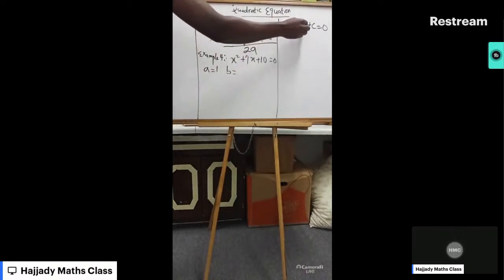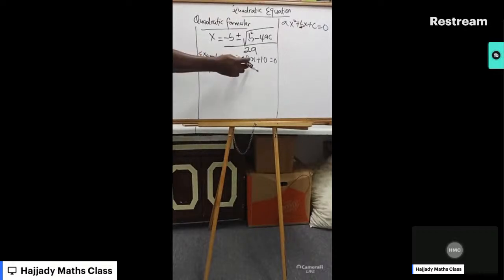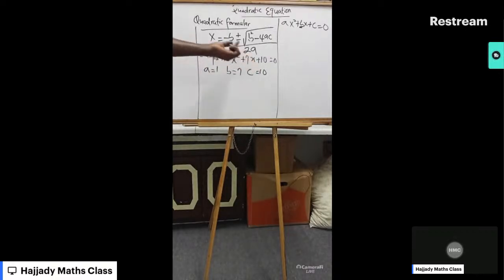This is my b, the number standing with x, which is 7. Okay? What about my c? The one that has no x, which is 10. So we want to plug in these values into this general quadratic formula.